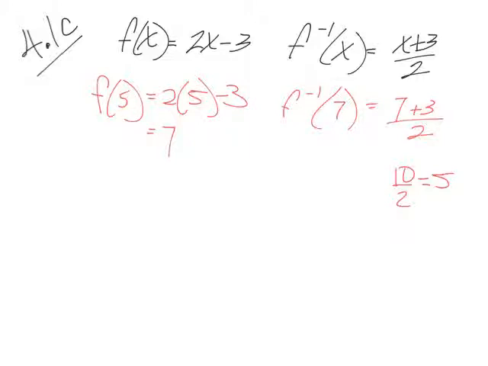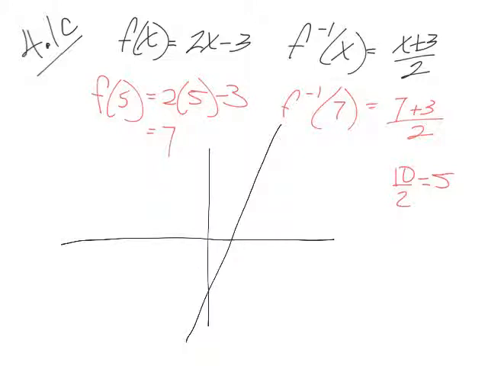So if we were to graph these two, we'd end up with a line because it's a linear equation here. And one of the lines, our 2x minus 3, is going to look kind of like this. And our x plus 3 divided by 2 is going to look something like this. And it's going to be reflected across the line y equals x, which is what we have at the top of page 354.